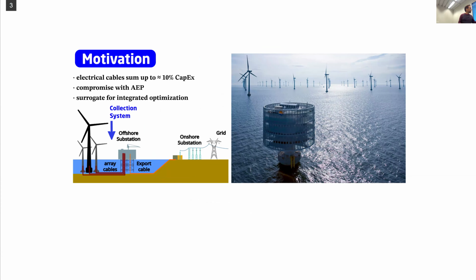The motivation. So we are looking at those array cables in the offshore setting. They link the wind turbines to the substation. This is how it looks in the real place. And why do we want to optimize this cable routing?